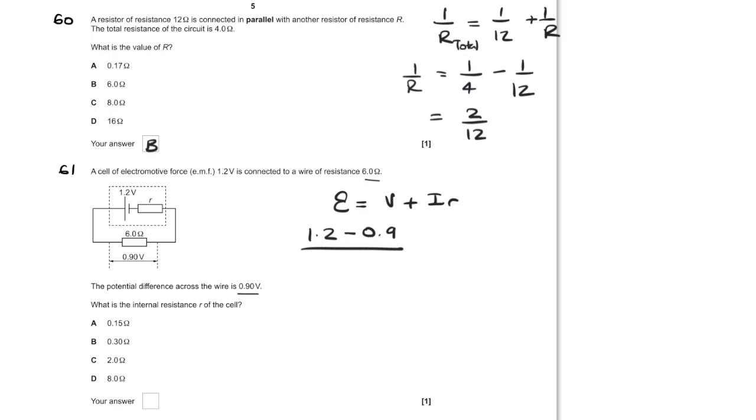The current is simply the voltage across the resistor divided by the resistance, which gives me 0.15 amps. So that is 0.3 over 0.15, and that will give me C as my value, 2 ohms.